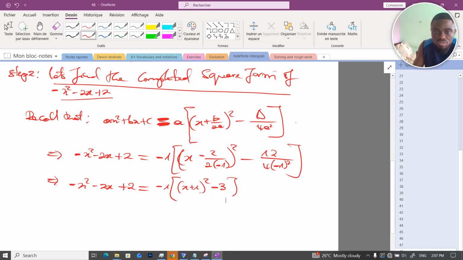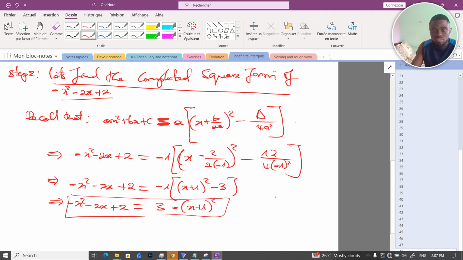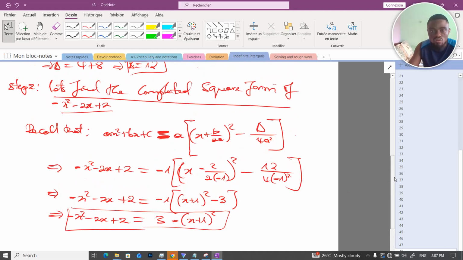So I'll bring the minus 1 inside. This implies minus x squared minus 2x plus 2 in completed square form will be 3 minus x plus 1, all that squared. So we have already written this in completed square form.